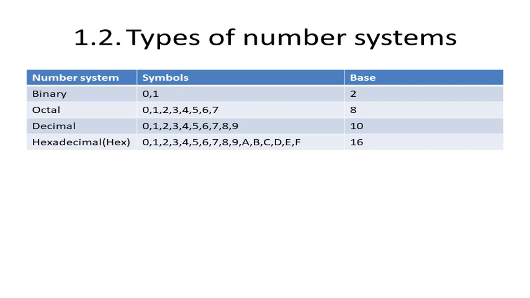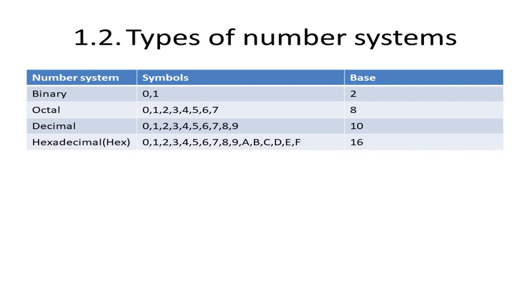The octal number system is more similar to the decimal number system, but it doesn't have that many numbers or symbols. It has only 0 to 7. The maximum value is 7, the minimum value is 0, and its base is 8 because it has 8 symbols.